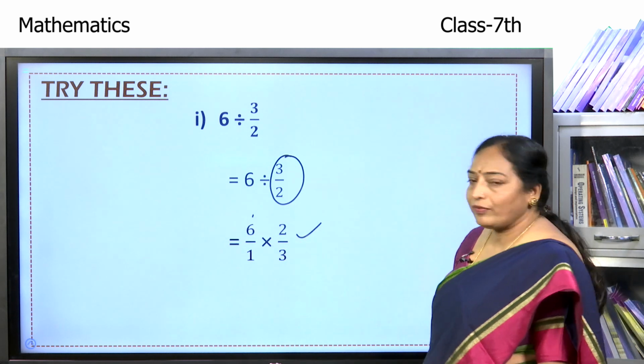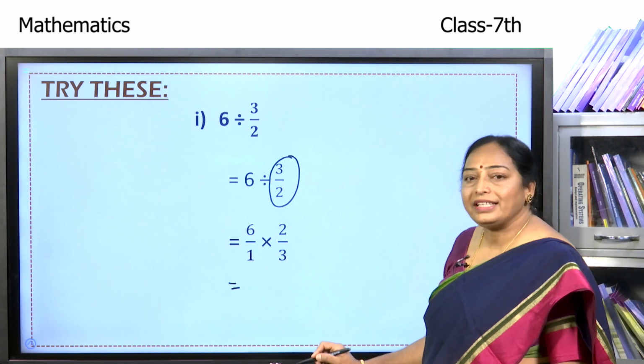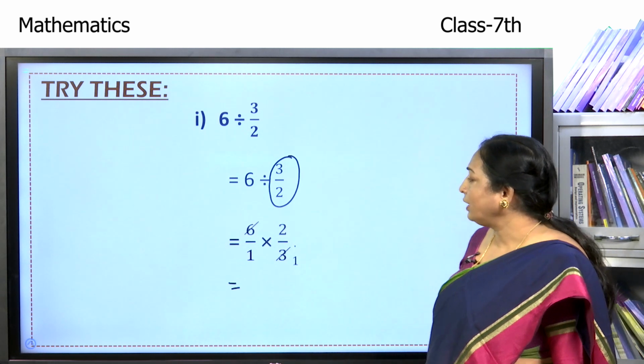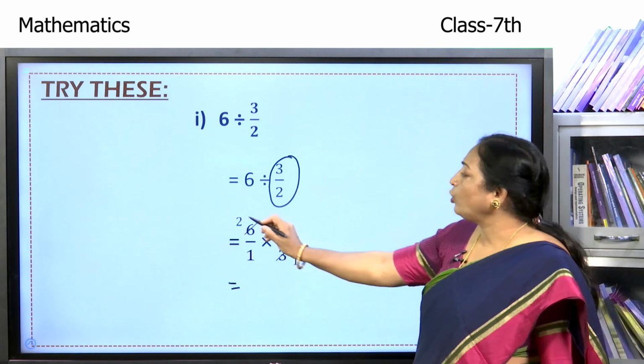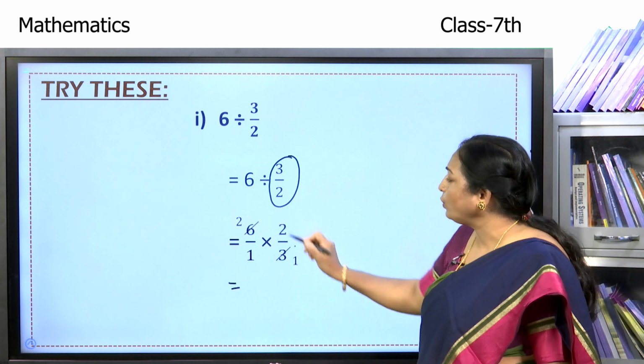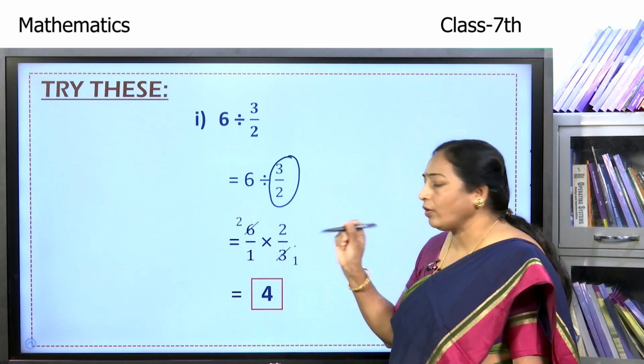They have a common factor. So, both 3 and 6 are divisible by 3. 3 ones are 3, 3 twos are 6. Multiplying numerator and numerator, denominator and denominator, we get 2 twos are 4. So, the answer is 4.